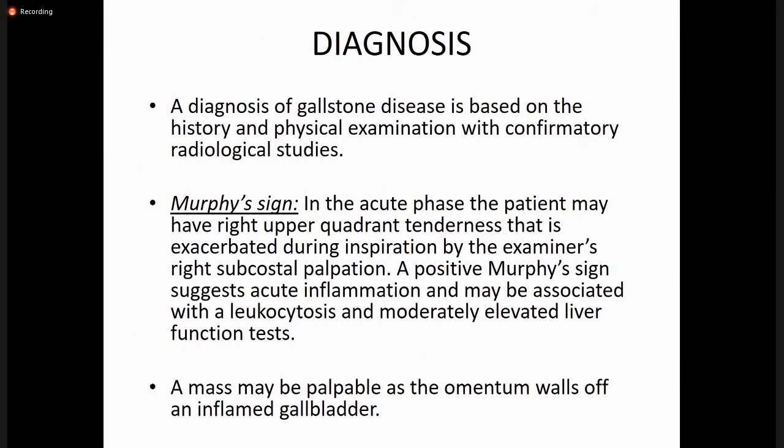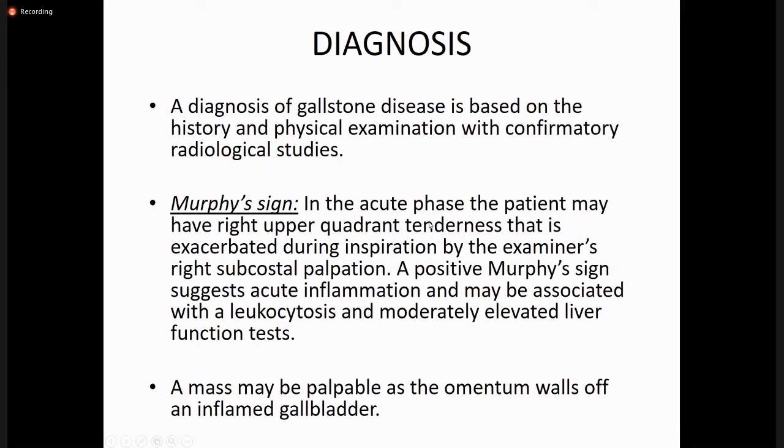So how do you make a diagnosis? A diagnosis of gallstone disease is based on the history and physical examination with confirmatory radiological studies. Now, there are a few terms that you'll be coming across, and you need to remember them. One is Murphy's sign. Now, what is Murphy's sign?